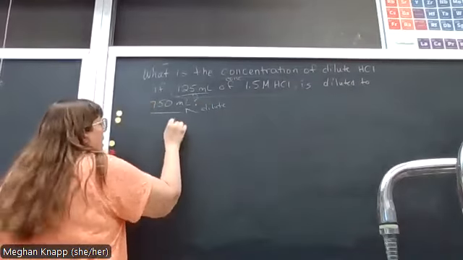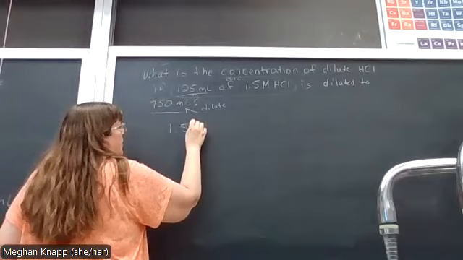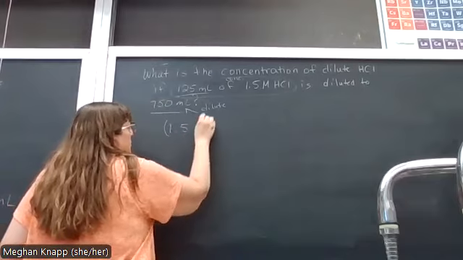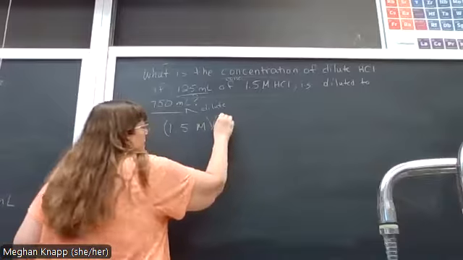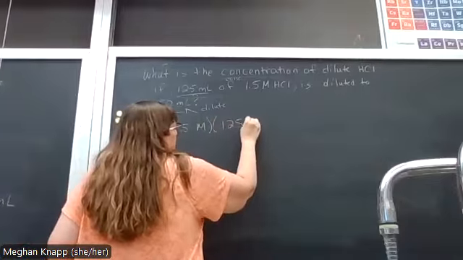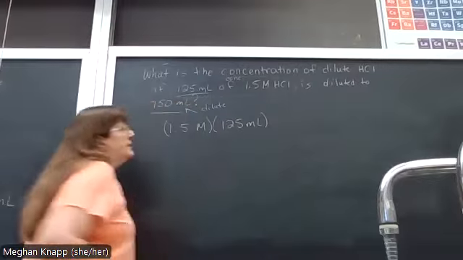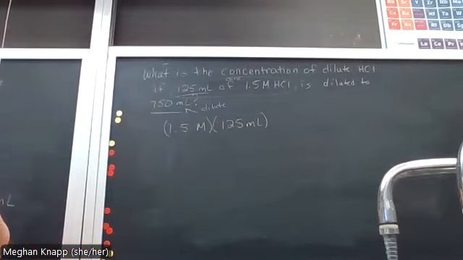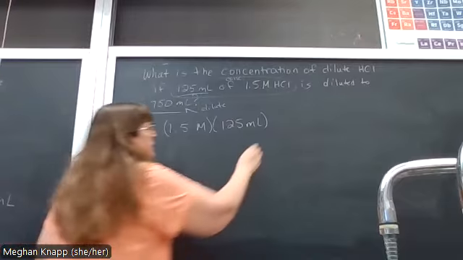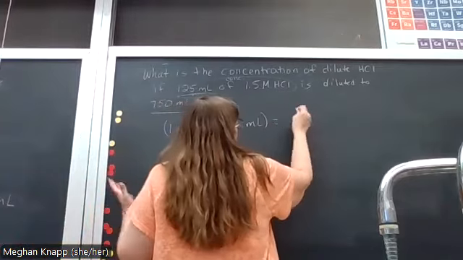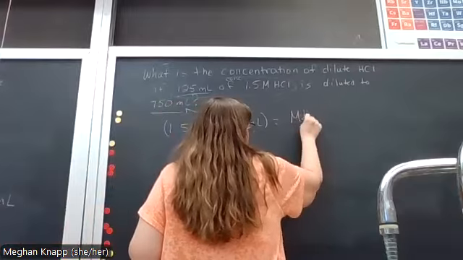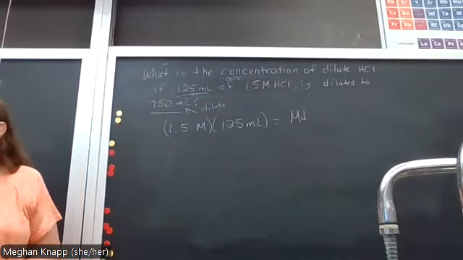So MC is 1.5 molar, 125 milliliters is my VC, my volume of concentrated. And that's equal to, I don't know MD, so I'm just going to leave that as symbolic.